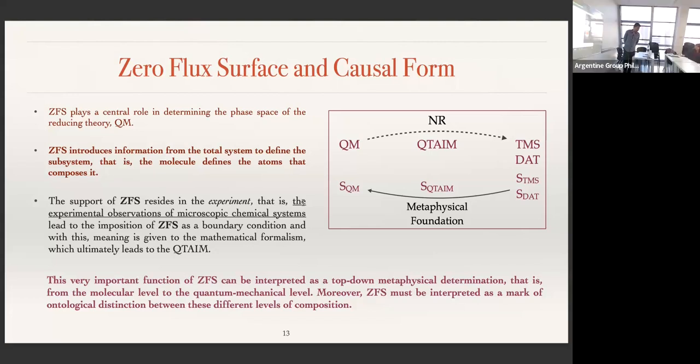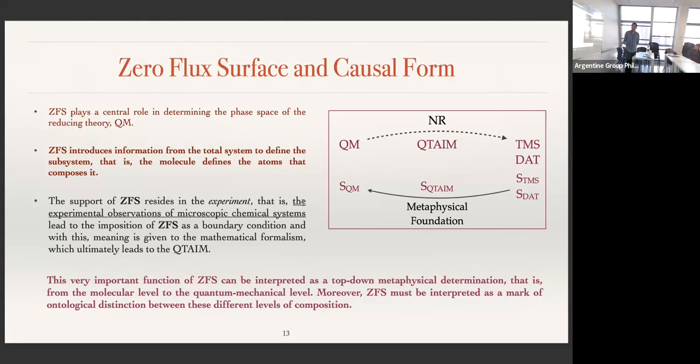Well, if I understand your question, my approach is hylomorphic because I consider that the objects in general, but chemical systems in particular, are composed of matter and form. The matter is a principle of individuation, and the form is understood in terms of the downward metaphysical determination.